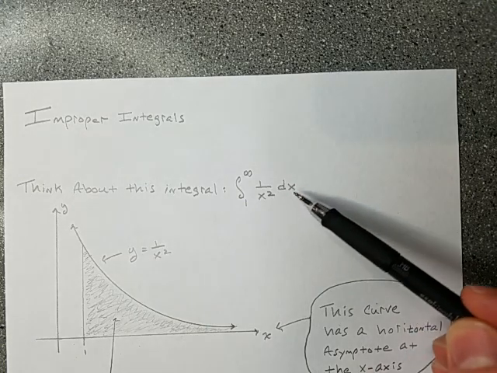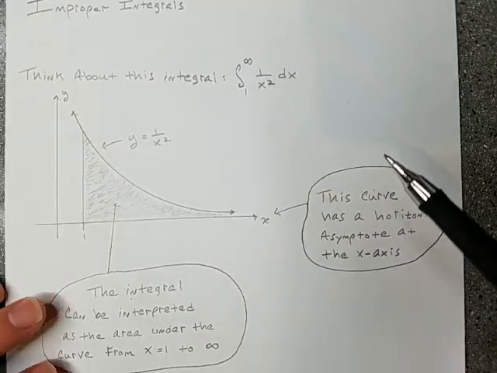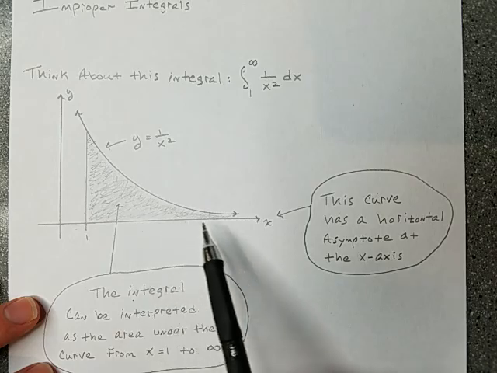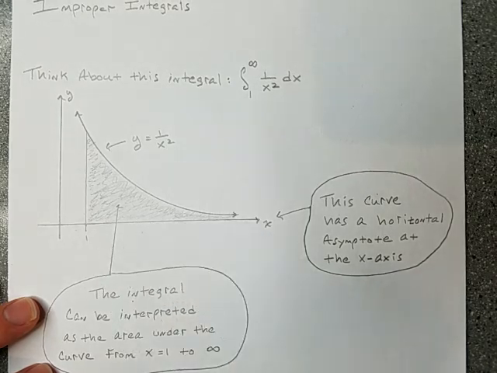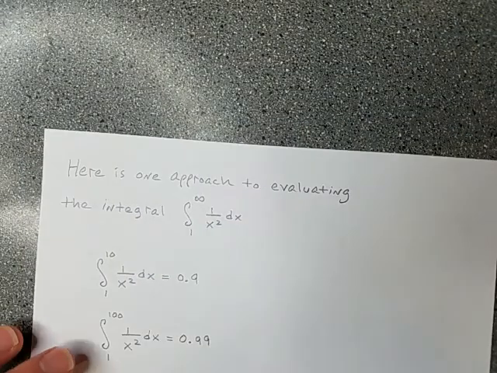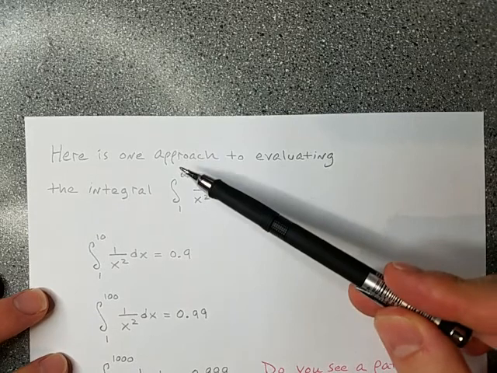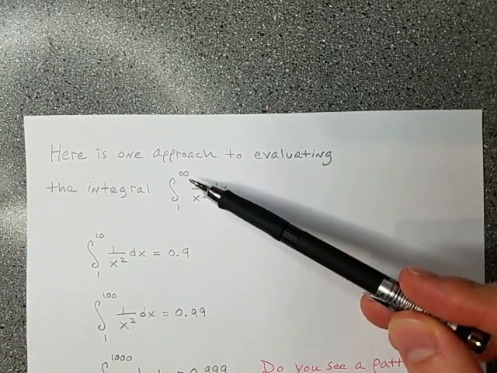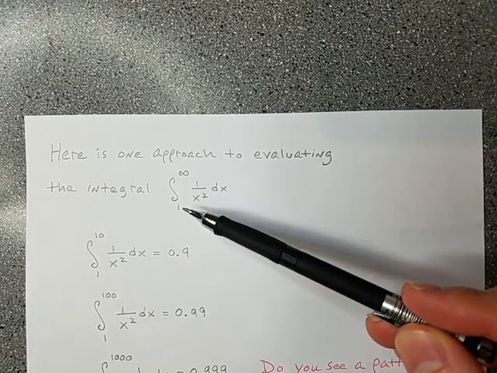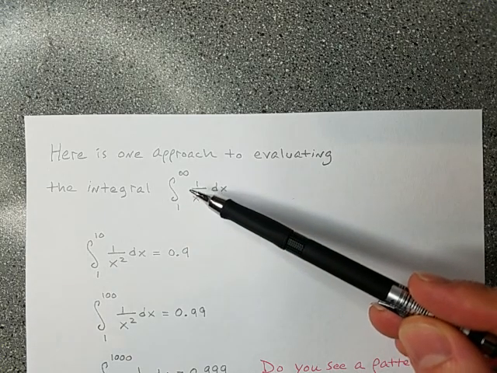How do you work this integral? How could you measure the area under this curve from 1 to infinity? Here's the first approach I want to show you. The problem with this integral is infinity is not a number. 1 is obviously a number, but infinity isn't.